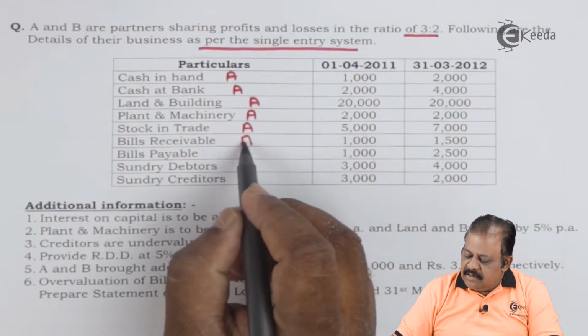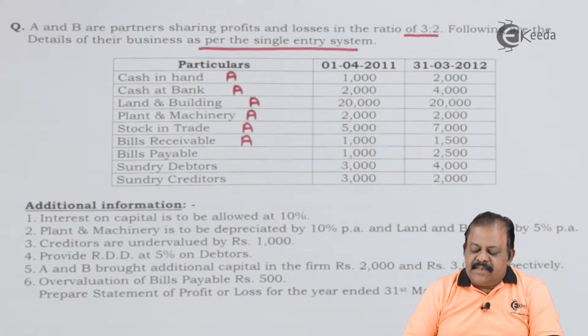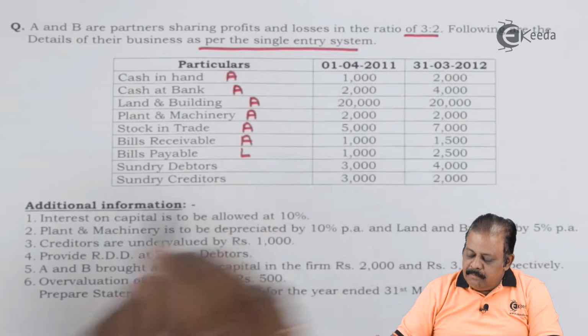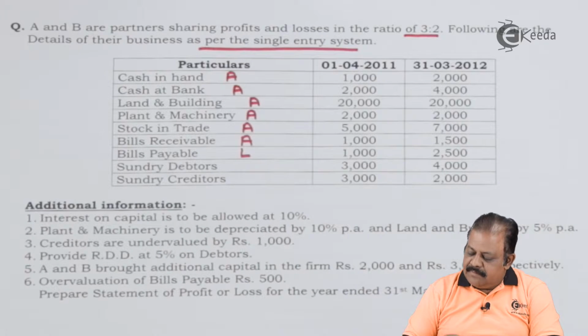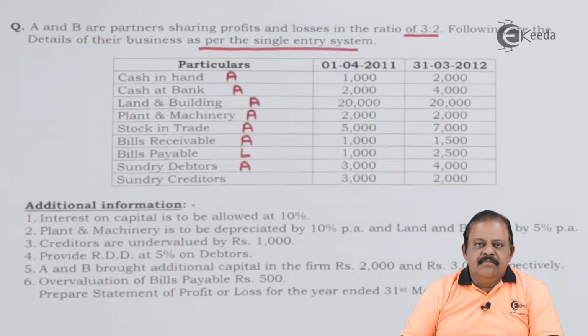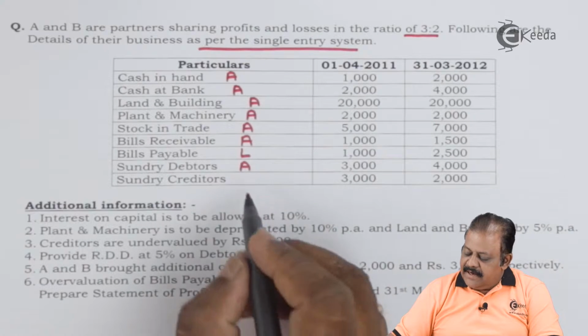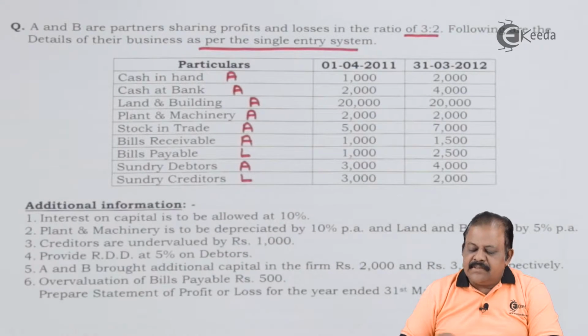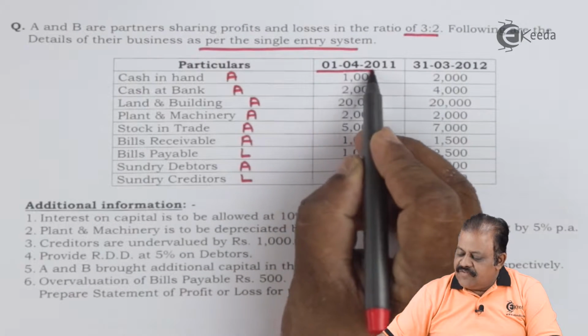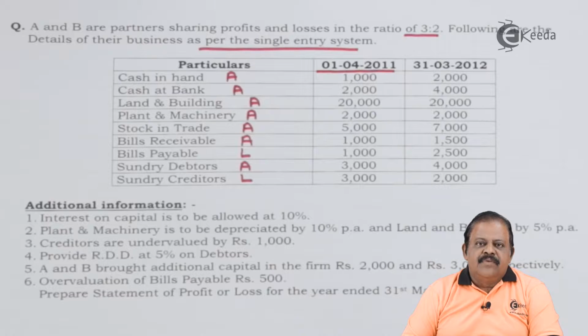Bills receivable, asset. Bills payable, liability. Sundry debtors, asset. Sundry creditors, liabilities. We have opening balances as on 1st April 2011.